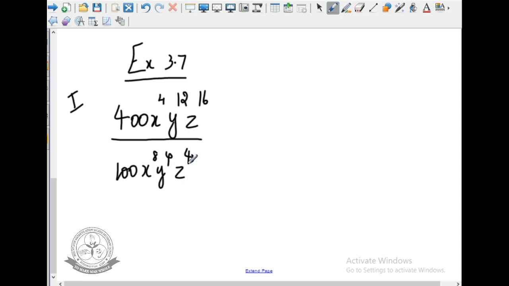So here you want to find the square root of this rational expression.